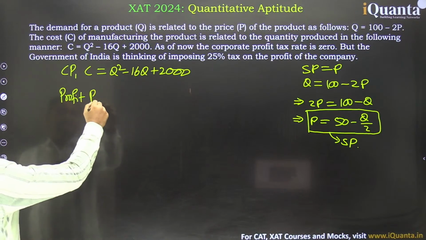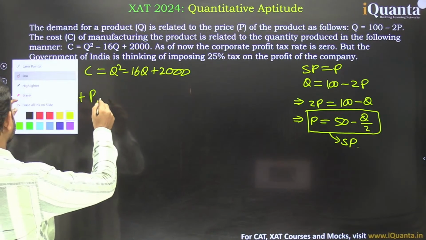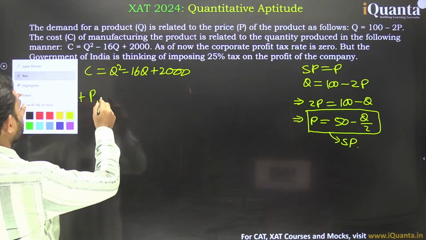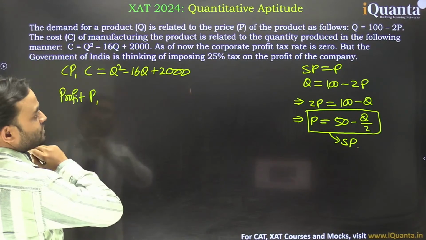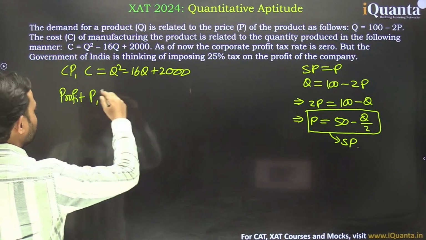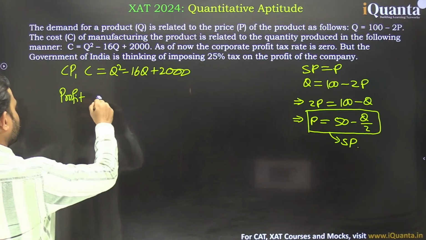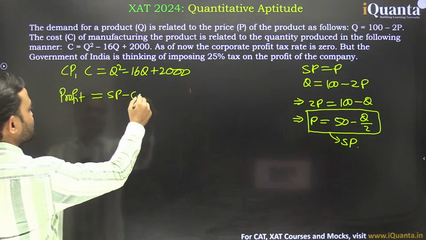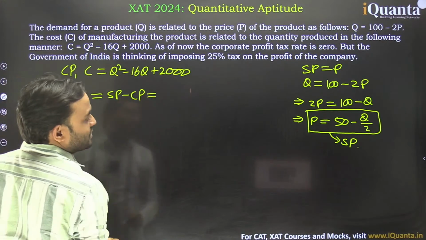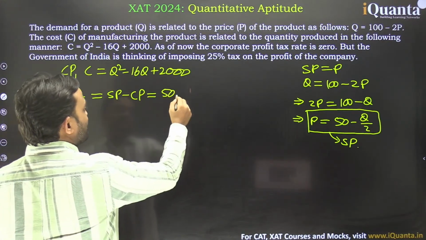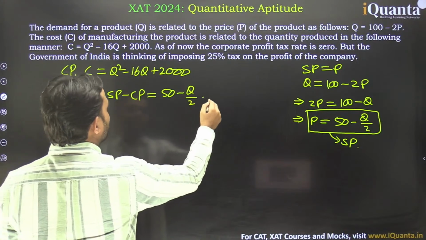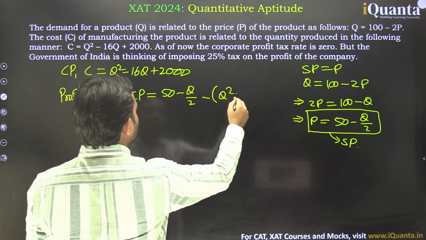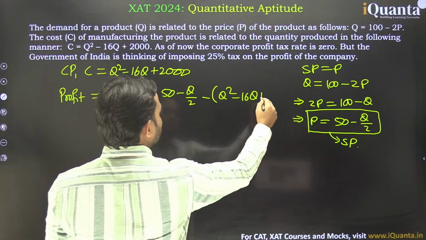Profit P is equal to, profit, not this P, okay, profit, this is P. Profit is equal to SP minus CP, which is equal to 50 minus Q by 2 minus Q square minus 16Q plus 2000.